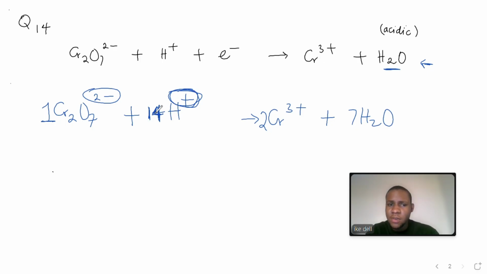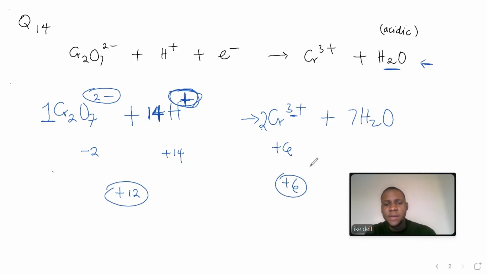I have to consider the coefficient, so you can basically just multiply 14 times whatever charge you have here. So this is a plus 14 and this is a negative 2. That means I have a plus 12 overall on this side, whereas this side is a plus 6. If you're following, the coefficient will always multiply the charge. So I have a plus 6 here and a plus 12 here.